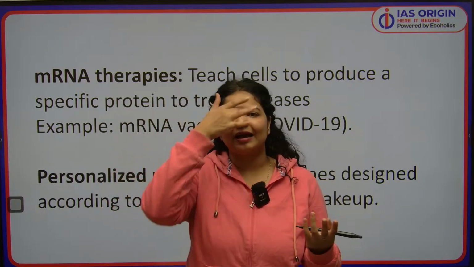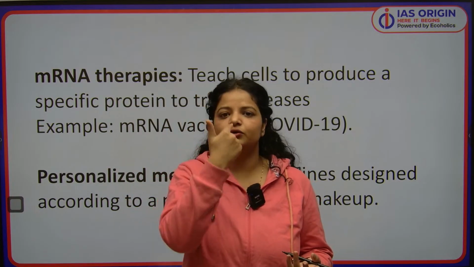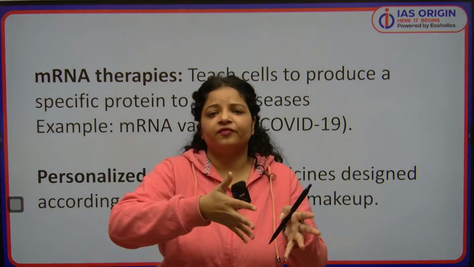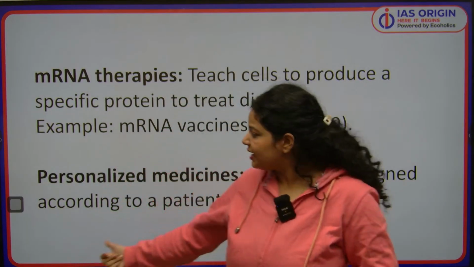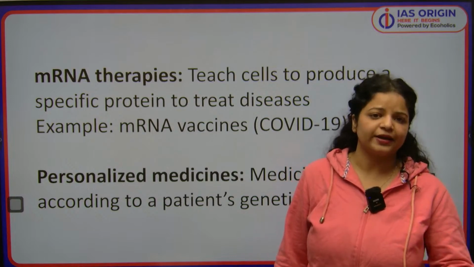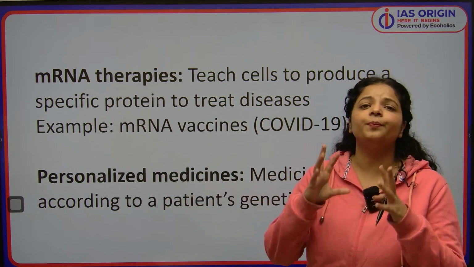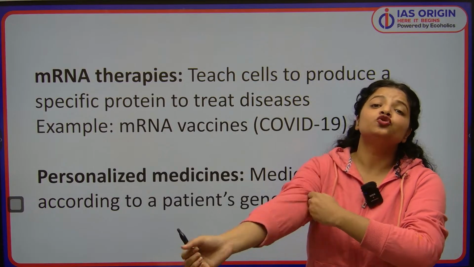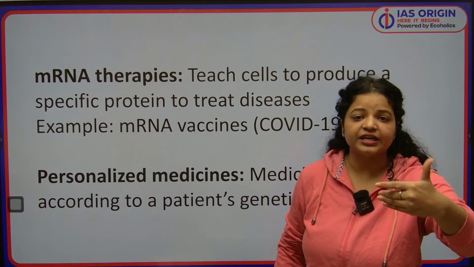Some people have an oily T zone, meaning this zone is oily and this portion is dry, so they have personalized skin care for them. Same like that, under this precision biotherapeutics we will also give you a personalized medicine structure that will suit your gene or genetic system.